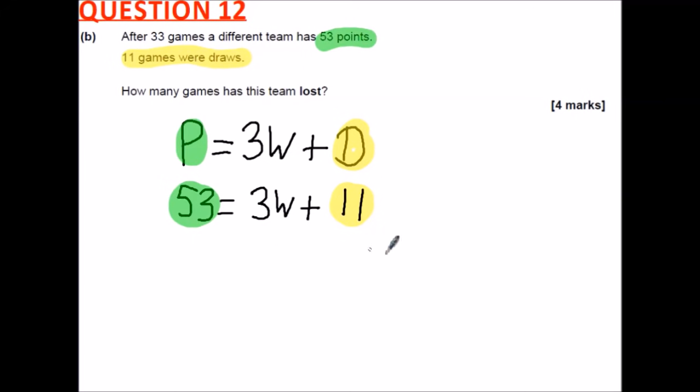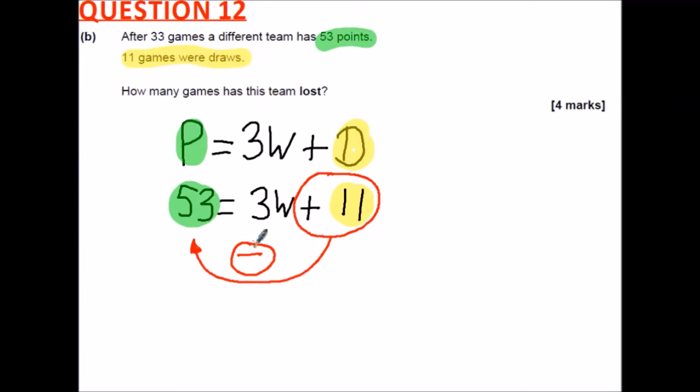So there's a few ways of solving equations. What I'll do now is I'll just show you a bit of a shorthand way. So we want the 3W on their own, and on the other side we want the numbers. So we can move this plus 11 away to the other side. And what we're going to do is swap the side and swap the sign.